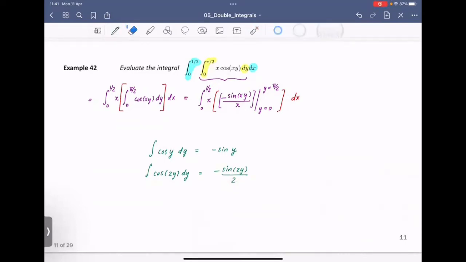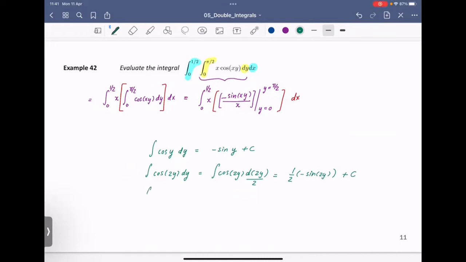If you feel more comfortable with the notation, you can say the integral of cosine 2y d(2y), over 2. Some of you use this technique, and this is acceptable. This is actually 1/2 times negative sine 2y, plus c if you don't have the upper bound and lower bound of the integral.